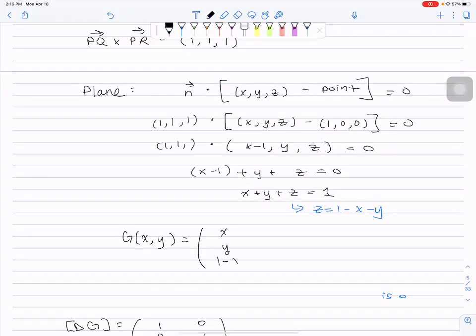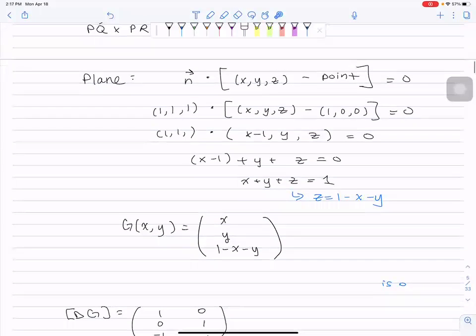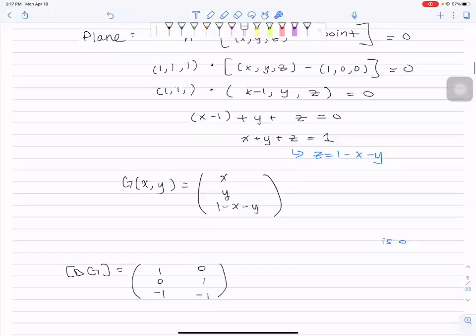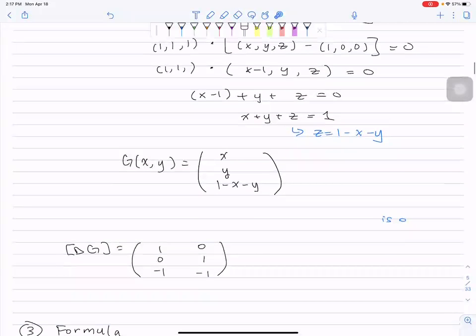That gives exactly our parameterization, so this g is our parameterization. Then we need to take the derivative, or the Jacobian matrix. The derivative with respect to x is the first column: 1, 0, negative 1. With respect to y, you have 0, 1, negative 1.